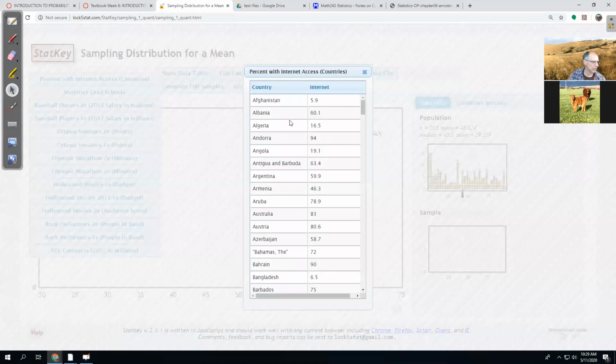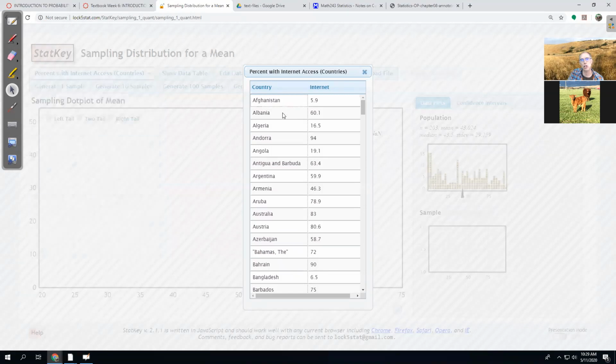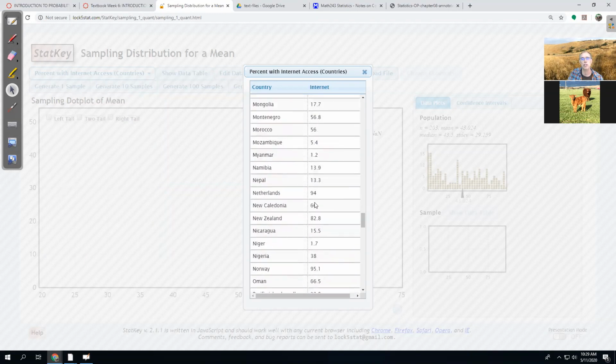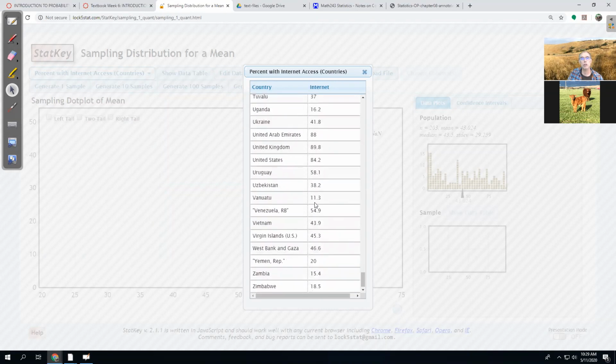The World Bank does all kinds of studies across the world. And one thing they looked at, and this was a study from 2015, is they did samples in each country to try and see what was the percentage of people in that country that have internet access. So in Afghanistan, about 6% of people had internet access. If we scroll down to like the United States, and these are every single country in the world here.